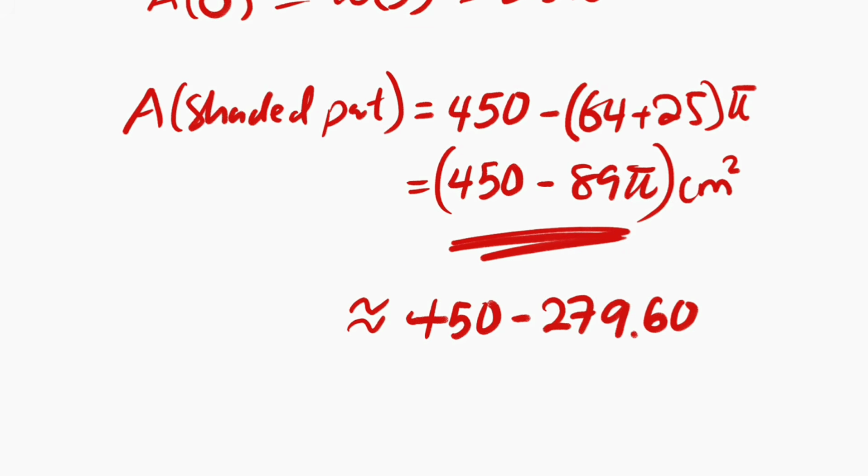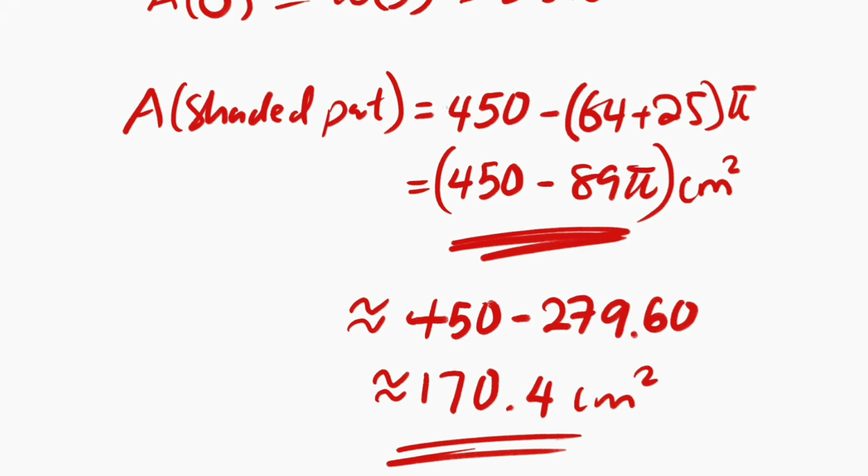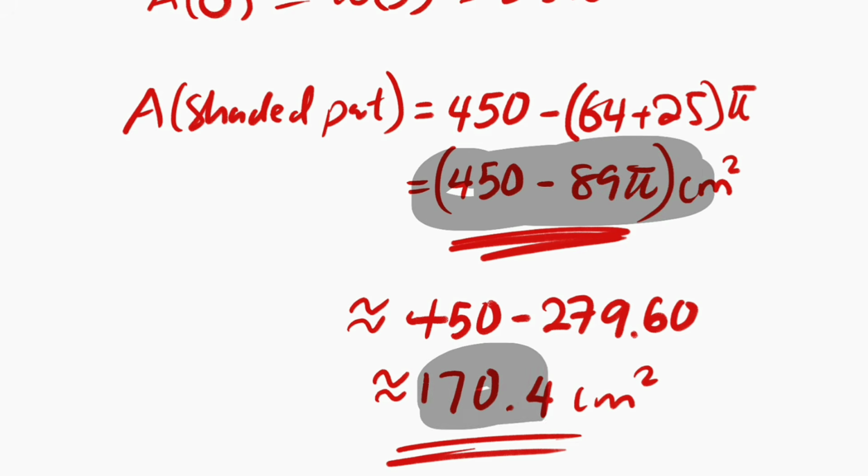So let me just subtract 450 minus 279.6. This is approximately 170.4 cm squared in 1 decimal place. But this particular area is the exact area, while this is just the approximated area. That is the difference between them.